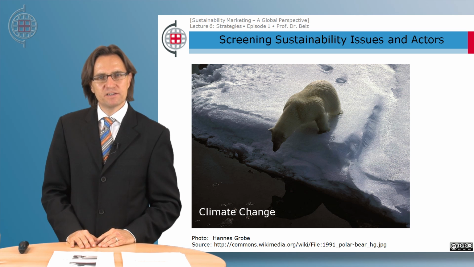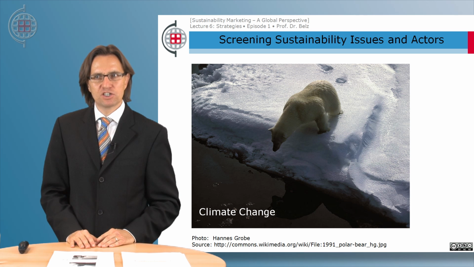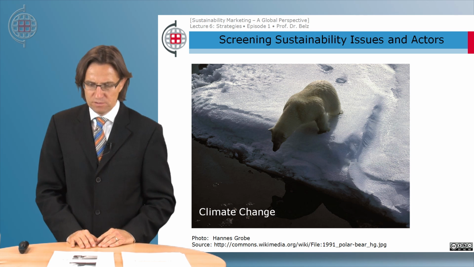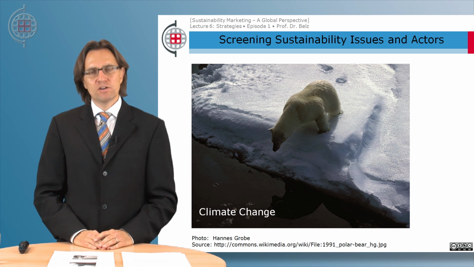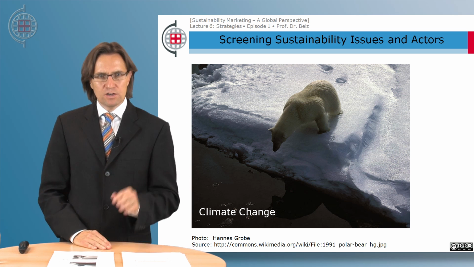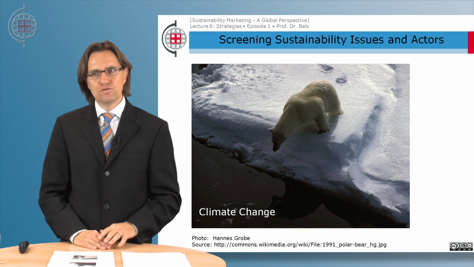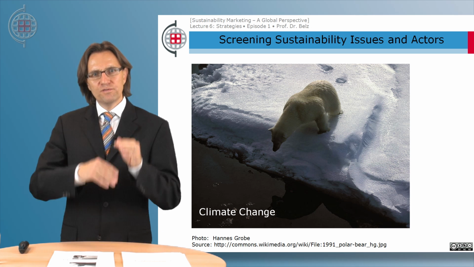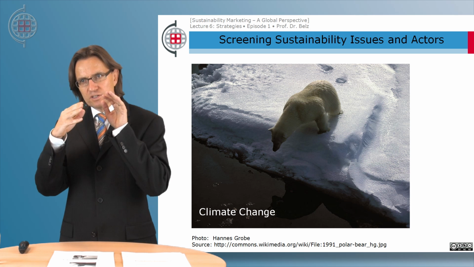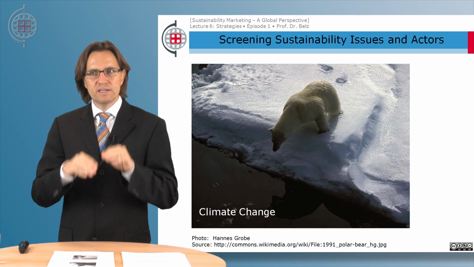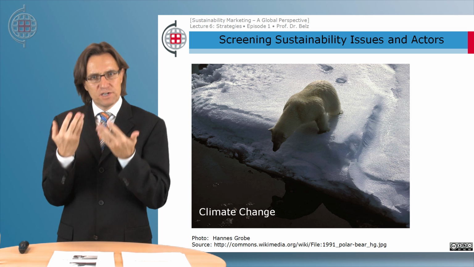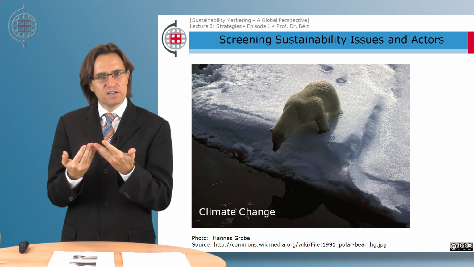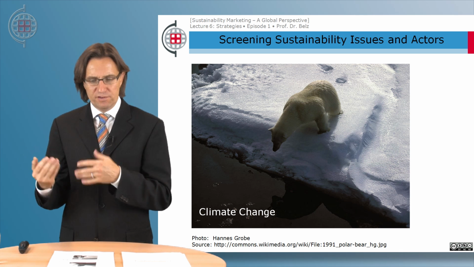Until 1997, when politicians met at an international conference in Kyoto, in Japan, and agreed on an environmental treaty to reduce the CO2 emissions. So the interest in the issue declined again. And yet, there was a treaty, there were political institutions taking care of it.